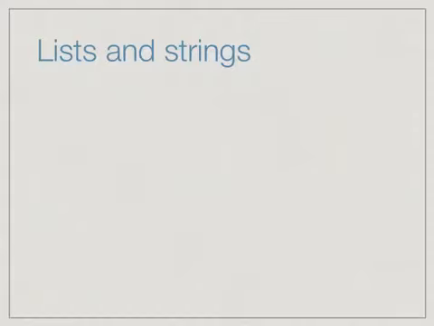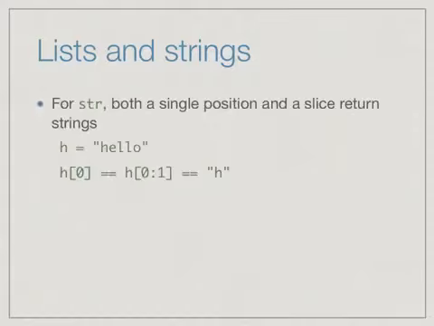So there is one difference between lists and strings in what we have seen so far. We said that there was no concept of a single character. So in a string, if we take the value at a single position, or we take a substring of length 1, we get the same thing. So if we have the string h, which has positions 0, 1, 2, 3, 4, so that is length 5. And if we ask for the 0th position, then this gives us the letter h.